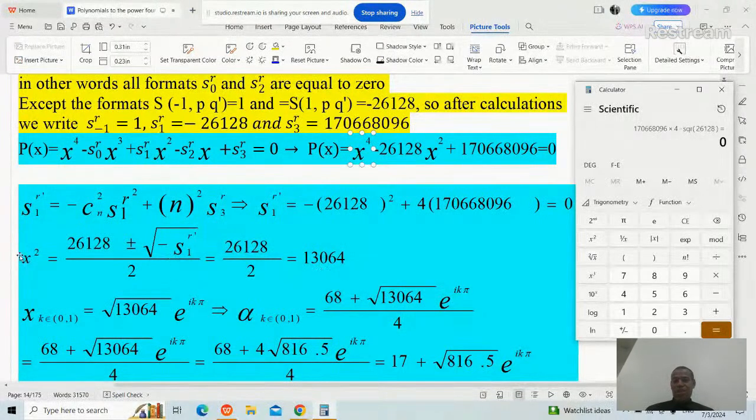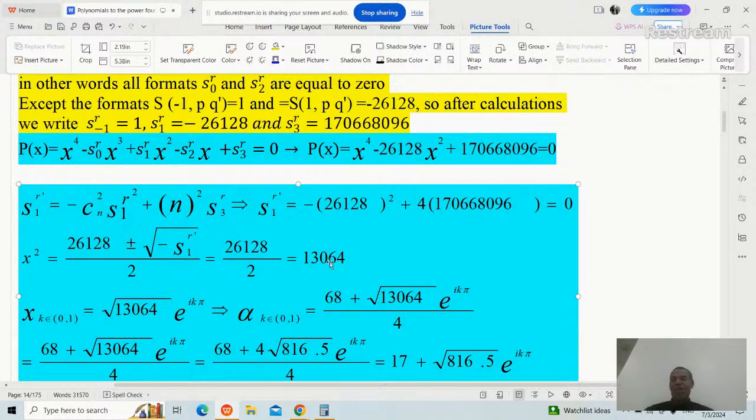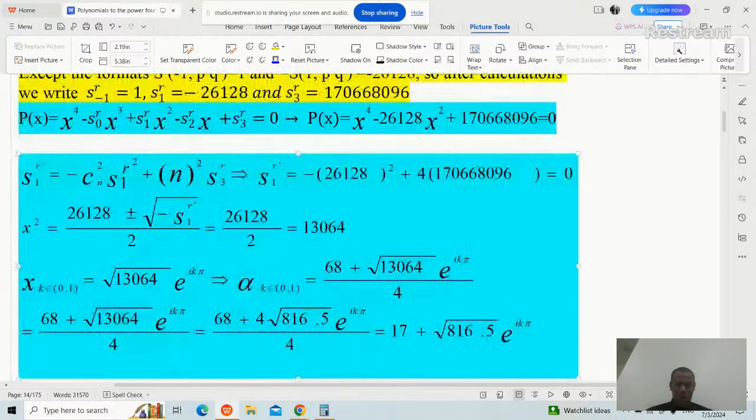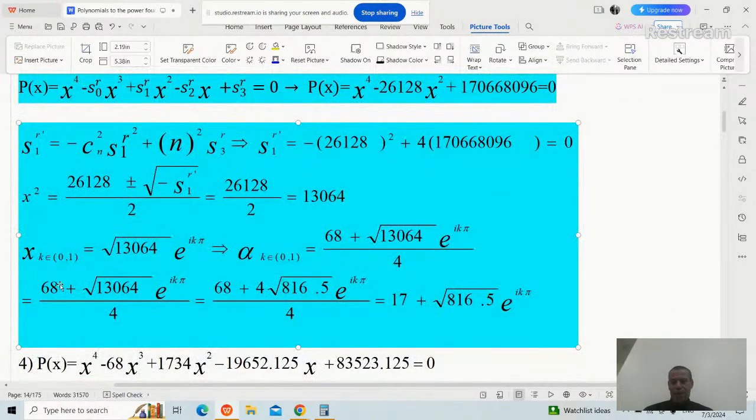So this is x squared, learners. Therefore x subscript k, k belonging to 0, 1, is the root of 13,064 exponential ik pi. Why? Because I can write this as 13,064 times exponential ki pi. Now the roots of my polynomial, learners: xk, k in 0, 1, are the roots of the new polynomial.